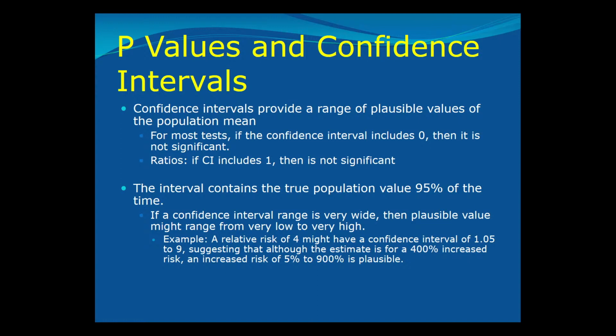If a confidence interval range is very wide, then plausible values might range from very low to very high. Example: a relative risk of 4 might have a confidence interval of 1.05 to 9, suggesting that although the estimate is for a 200% increased risk, an increased risk of 5% to 900% is plausible.